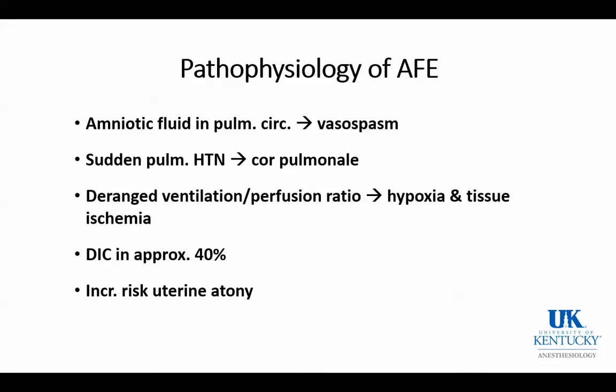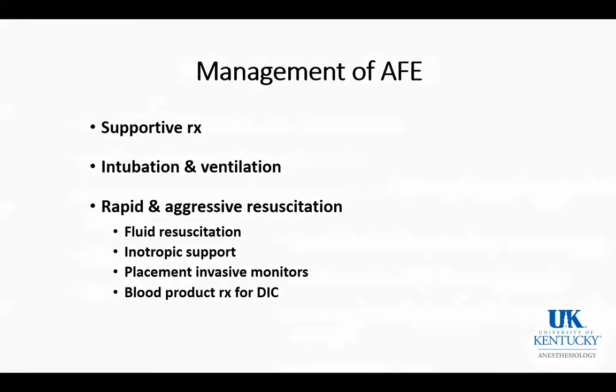They also have a deranged ventilation perfusion ratio, and they get hypoxic and tissue ischemia. And then over time, about 40% of them will develop DIC. They also have an increased risk of uterine atony, and they can also get left-sided heart failure over the next hour or so.